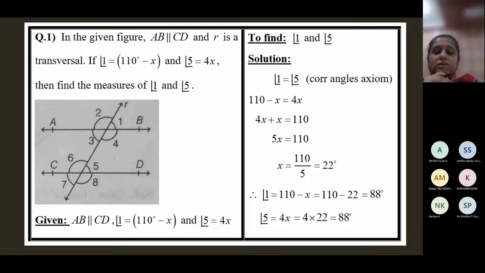So angle 1 is equal to angle 5 because they are corresponding angles, and since the lines are parallel, they're also equal. So like that, we are able to find the value of X and hence the measures of angles 1 and 5. Done, children? Yes, ma'am. All of you? Doing, ma'am.